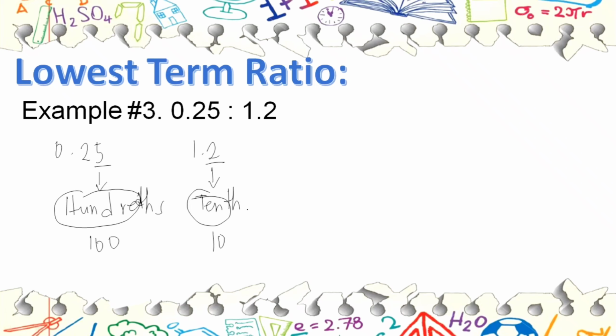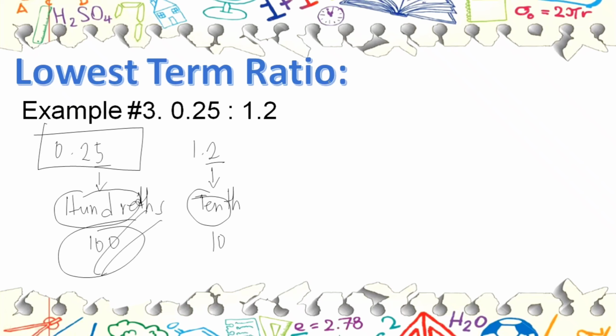Pero kapag ganito ang given na dalawang decimal number, kung alin yung may pinakamalaking multiplier na pwedeng gamitin, yun yung ating gagamitin. And in this case, ang may pinakamalaking multiplier ay ito, yung 100. Ibig sabihin, ang gagamitin nating basis ay ito, yung 0.25. So, ang magiging multiplier natin ngayon ay 100.